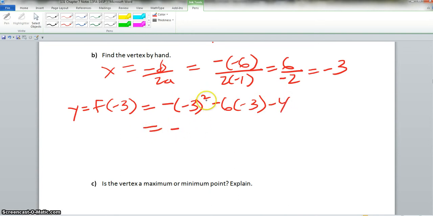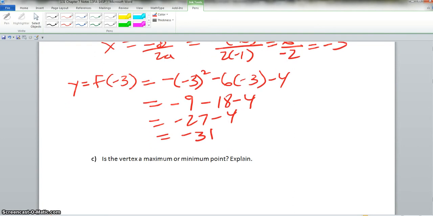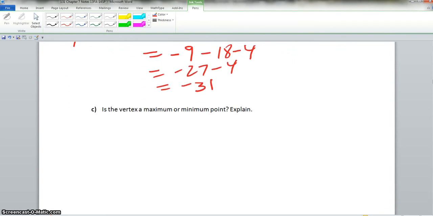So negative 3 in parentheses squared is 9. A minus 6 times a negative 3 is negative 18, minus 4. Minus 9 minus 18 is negative 27, minus 4, which will give us negative 31. Now, that is our vertex.